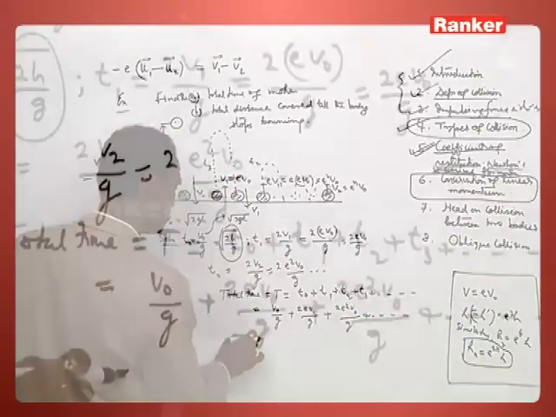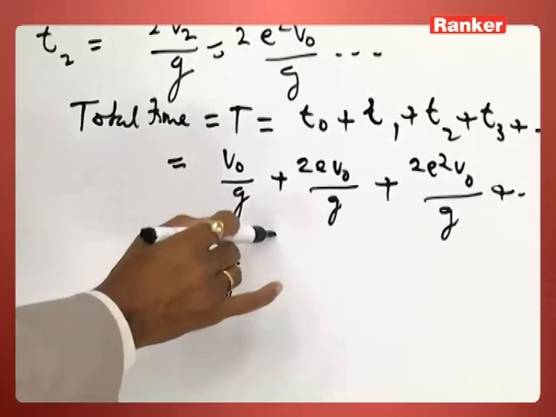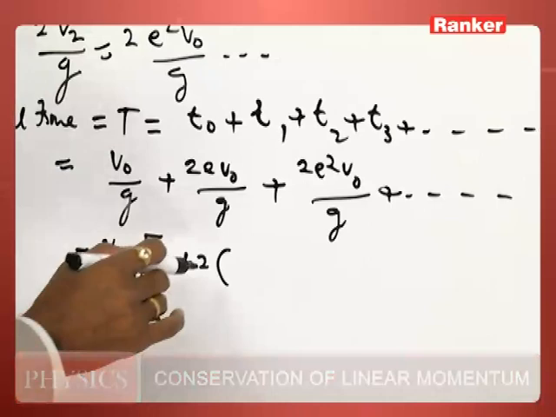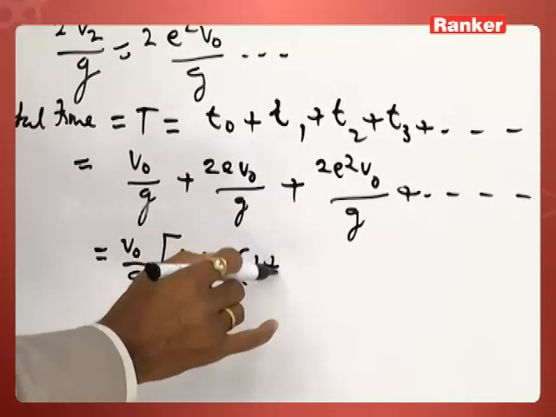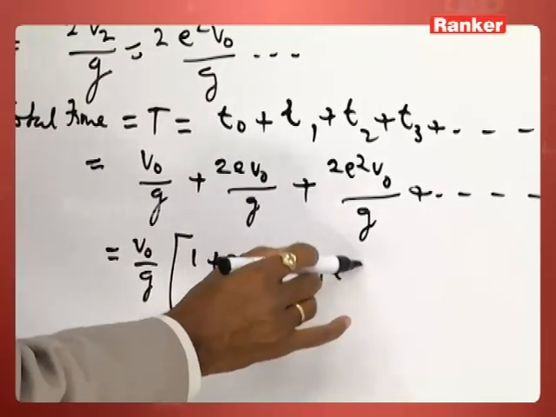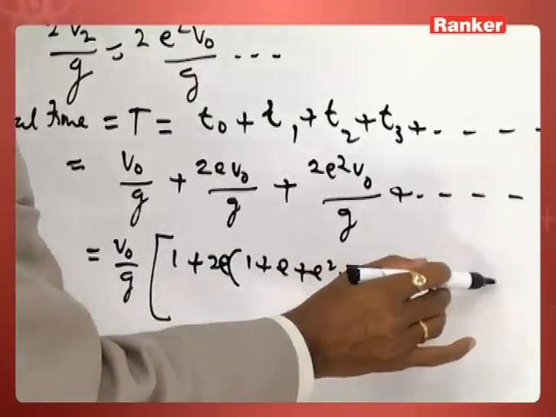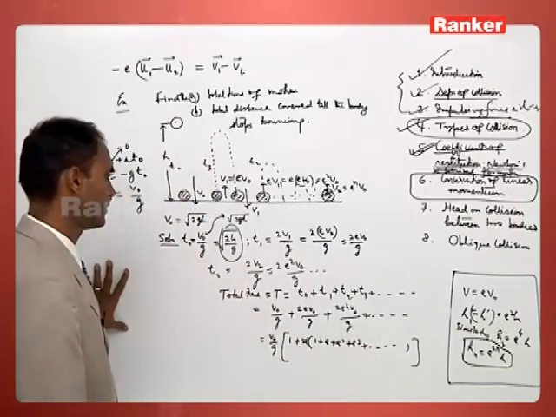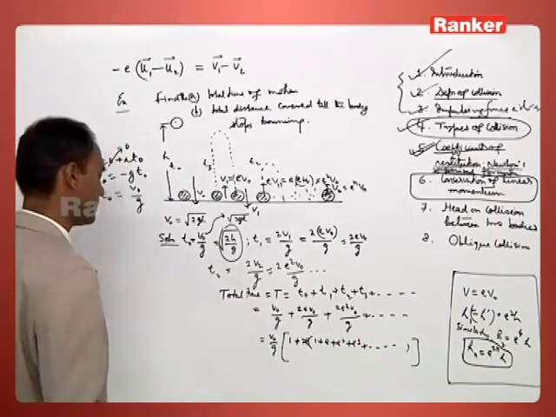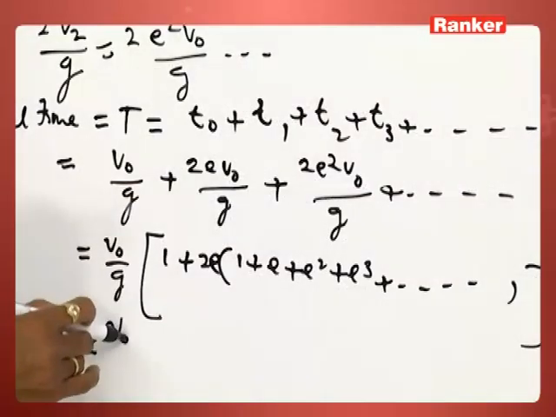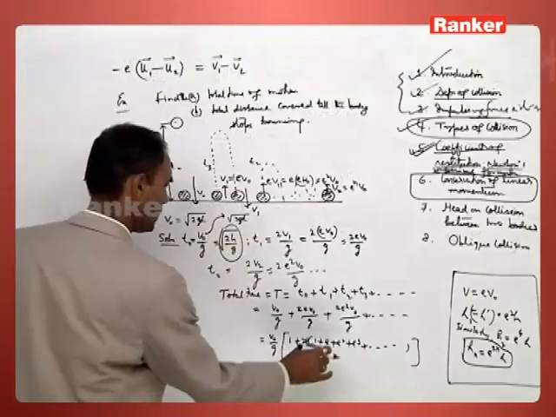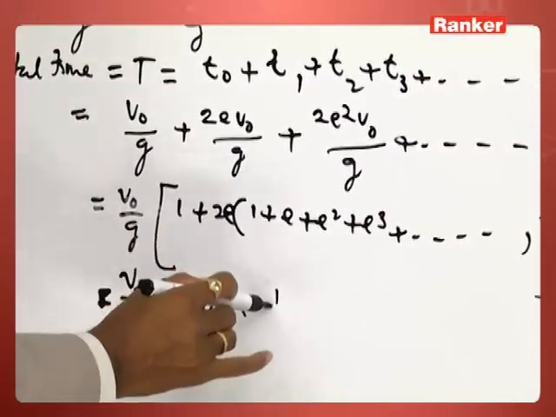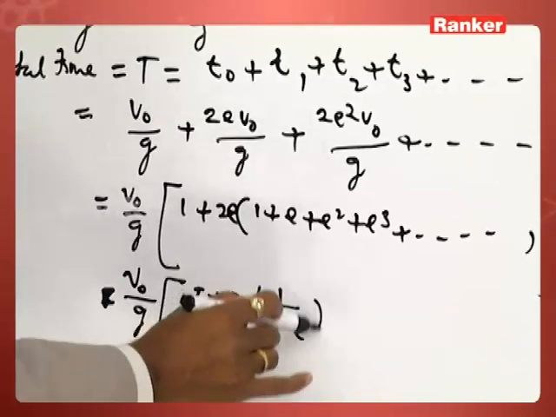You can take common v0 by g, 1 plus 2e, 1 plus e plus e square plus e cube. So this is a geometric progression, and its sum can be calculated by using the formula 1 by 1 minus e.